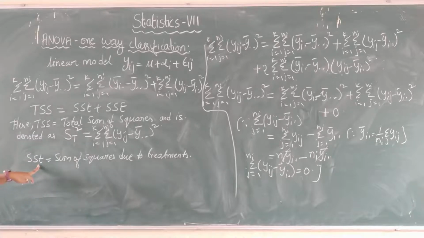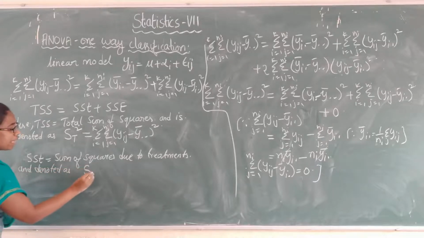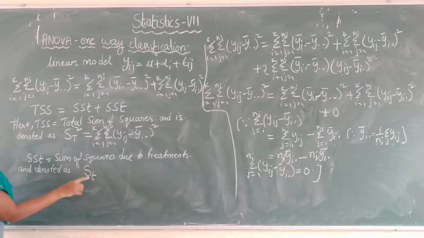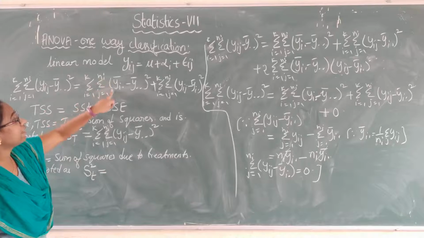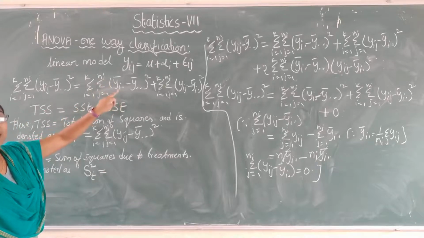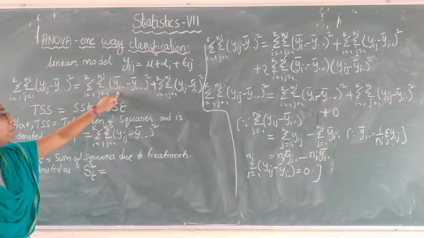So SST indicates the sum of squares due to treatment, and it is denoted by capital S, small t square. This equals, if you observe, the ith treatment mean, also called the ith class mean.